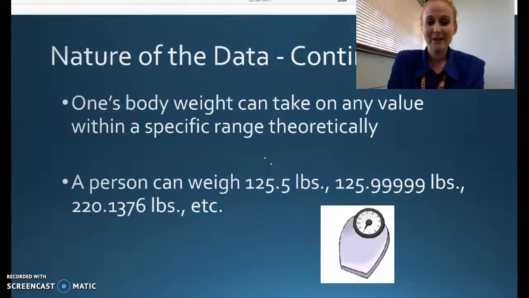You can actually weigh someone in grams or milligrams if you really want to and use the very smallest unit possible. So you can literally assume any value out there and all the values in between, like decimals and portions of a full whole number. So that's what we call continuous.